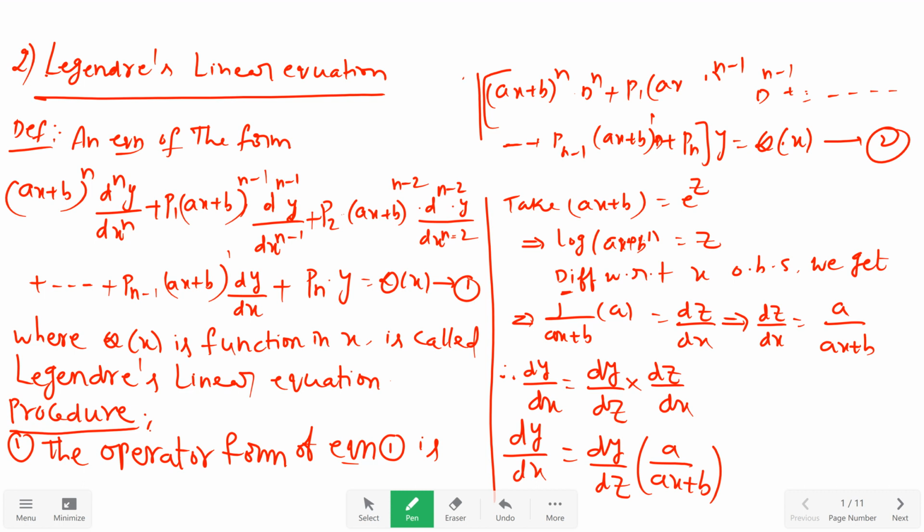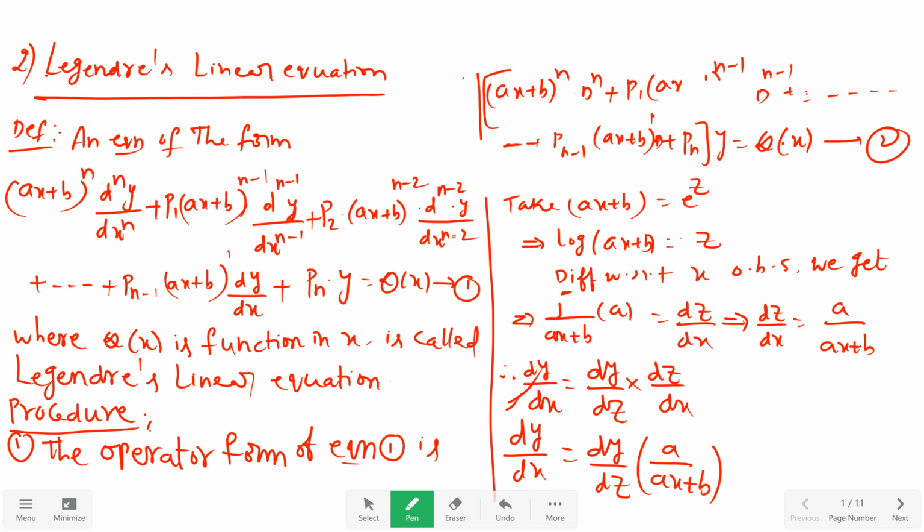So next we take the substitution for finding the solution. Substitution means, now take the term ax plus b is equal to e power z. Take logarithm on both sides, so taking logarithm on both sides, we get log of (ax plus b) is equal to z.